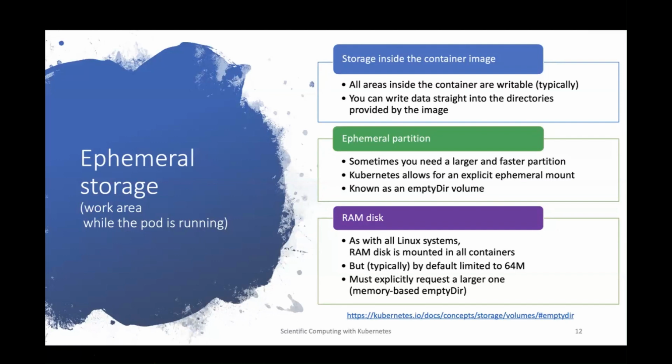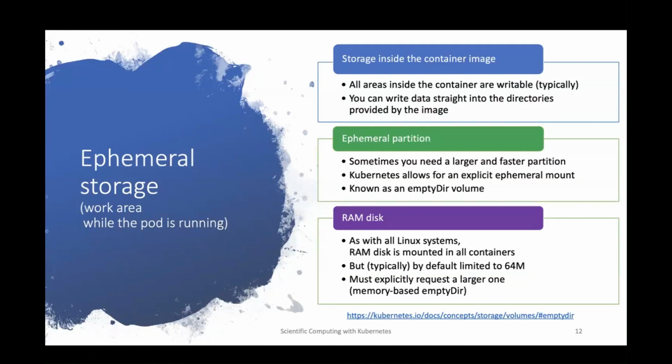So you create an empty-dir volume, you tell it how big it is. You can even tell it what kind of storage you want, if there are options, and then mount it wherever it's convenient for you. Typically, it's disk based, but it can also be based on a RAM disk. Of course, it will be much smaller because you are using extra RAM, but that's an option.